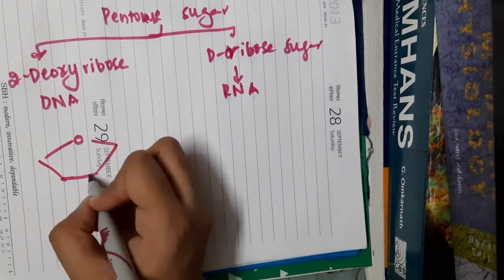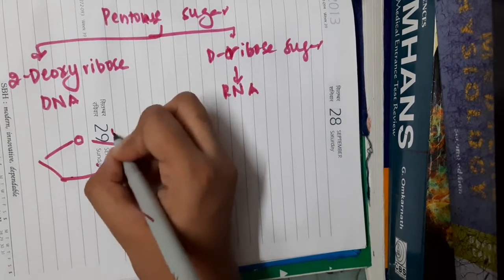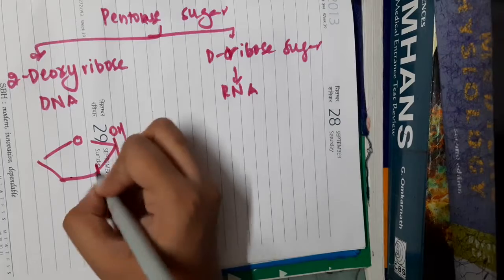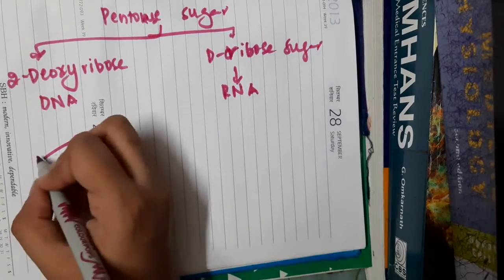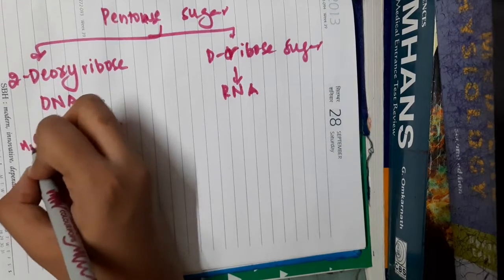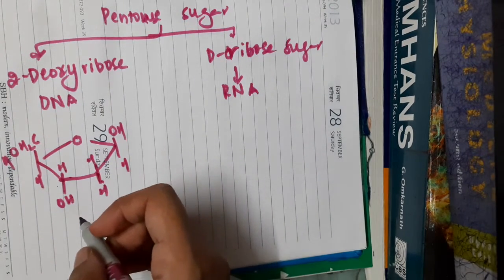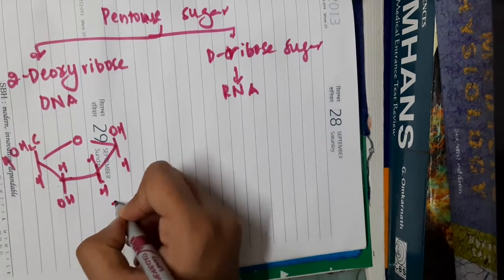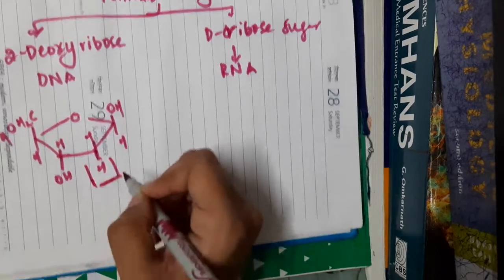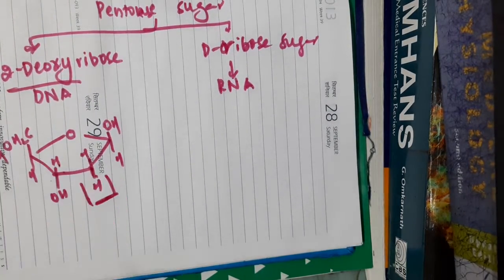So this is a ribose sugar. You have something like this. Here, at the second position, there is no oxygen group. That is the reason why we call it 2-deoxyribose.